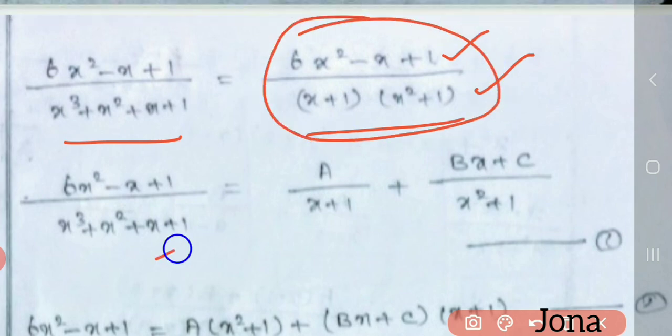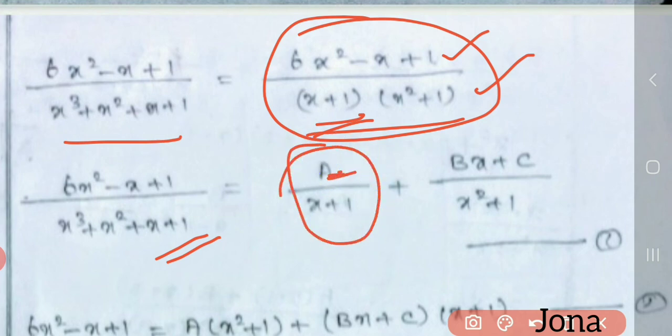So take this as the problem. For the factor x plus 1, I want to introduce the constant A here, and here I had x square plus 1. For this x square plus 1 I can introduce two constants as Bx plus C at the numerator.